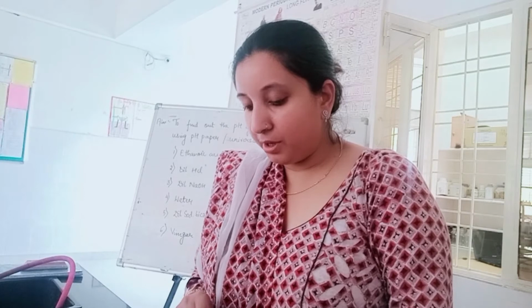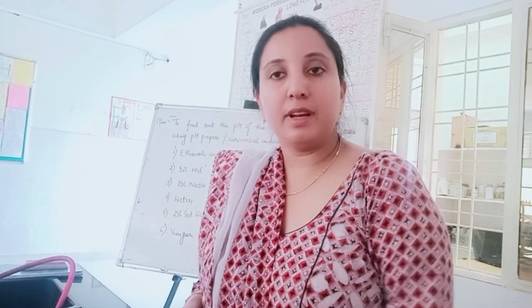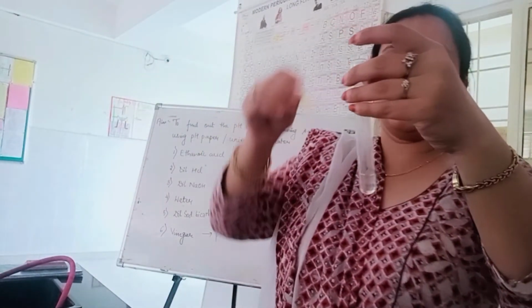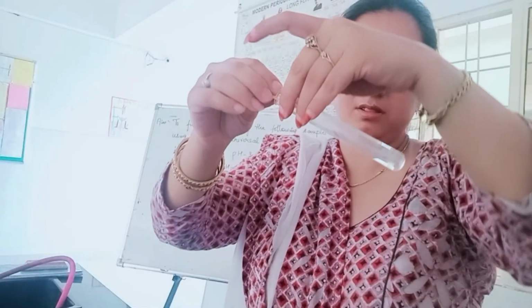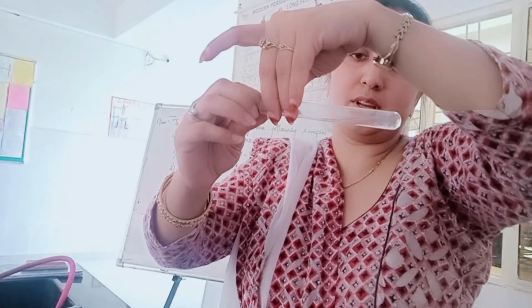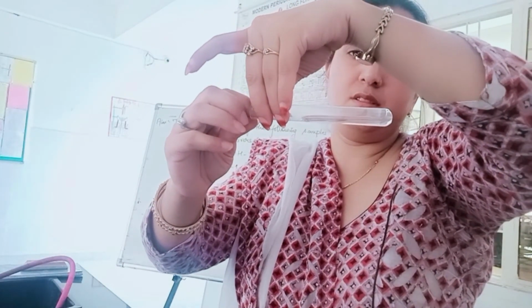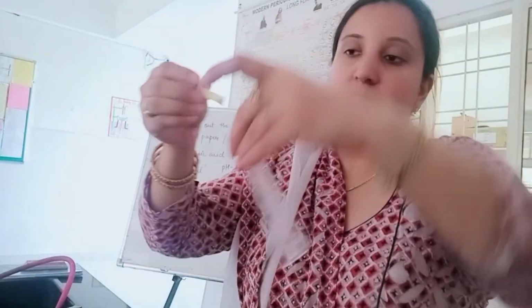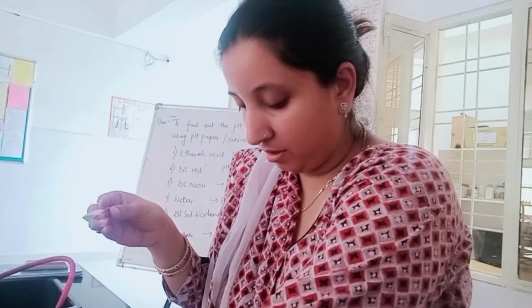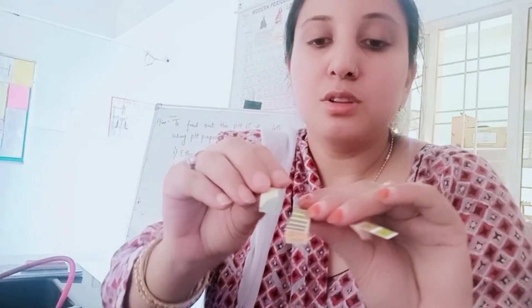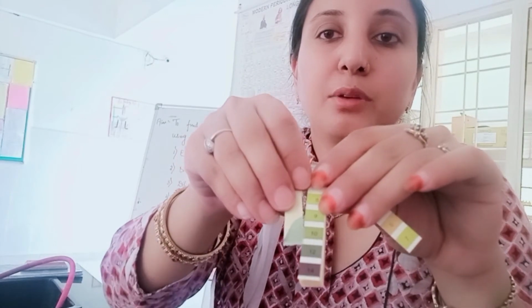Now, as you are curious, let's look at a few other examples also. Like I was having sodium hydroxide. Sorry, not sodium hydroxide, ammonium hydroxide. Now look, it is a hydroxide, it is a base, so it should be more than 7. So look over here, you can match the color.